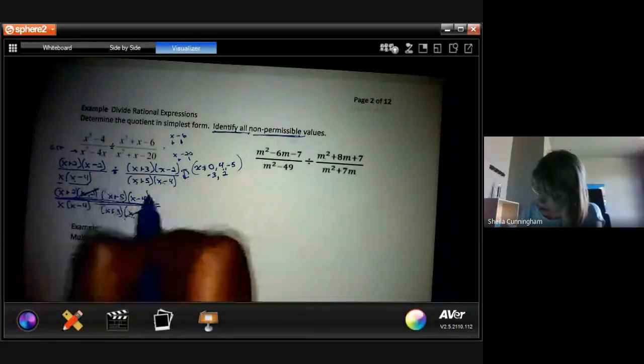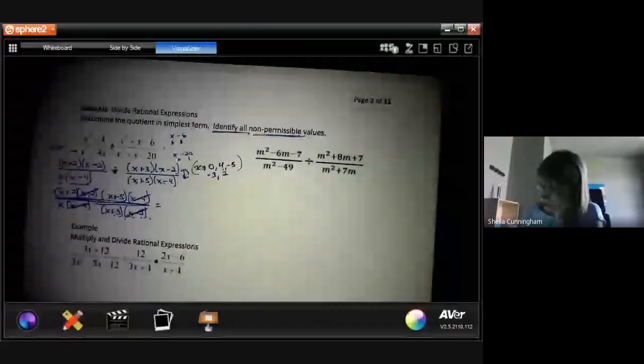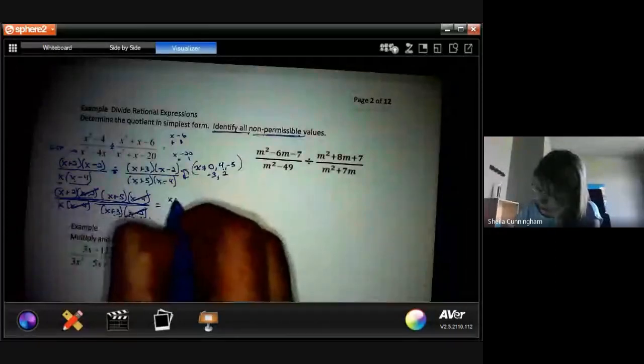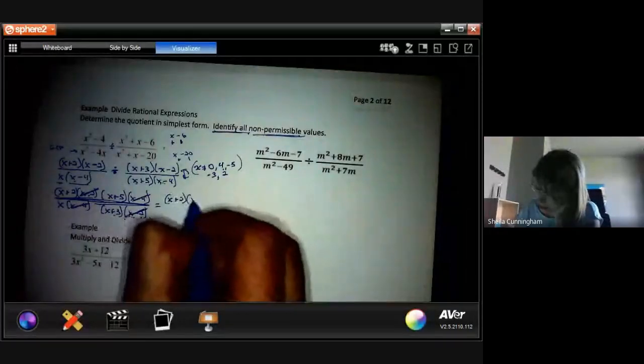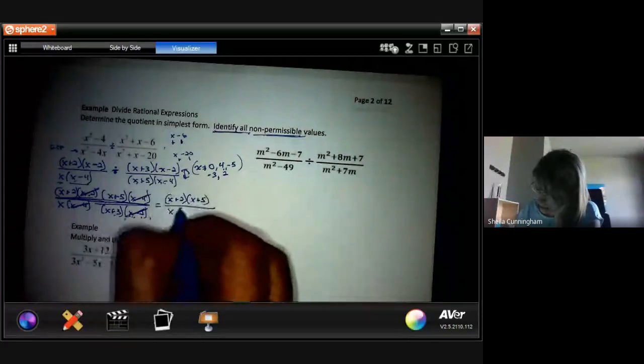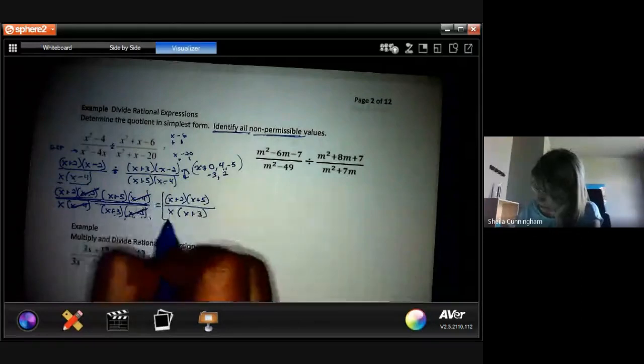I've got an x minus 4, top and bottom. I'm going to cancel those out. And then once I've canceled that out, I'm just simply going to rewrite the pieces that didn't get canceled out. And that will end up being my resulting answer.